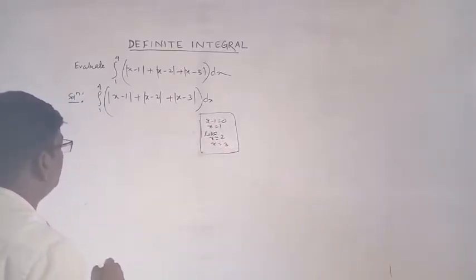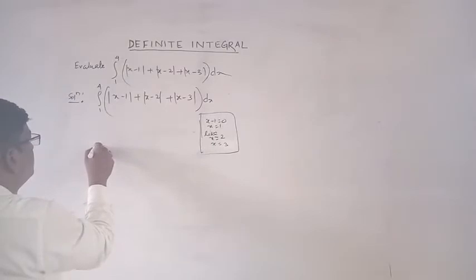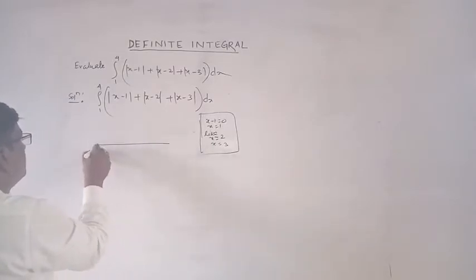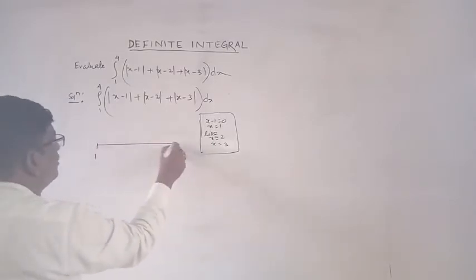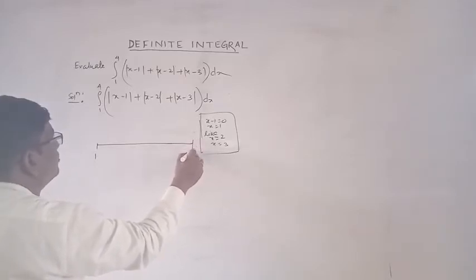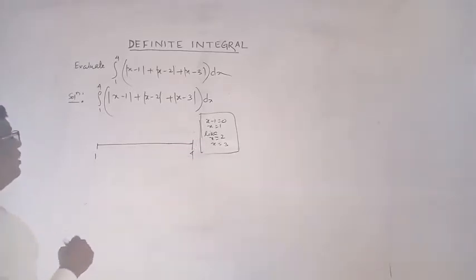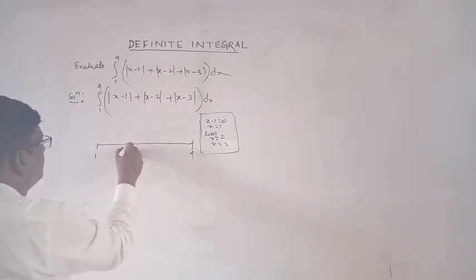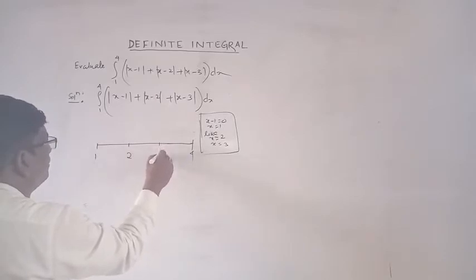So the lower limit is 1 and the upper limit is 4, and the critical points inside are 2 and 3.